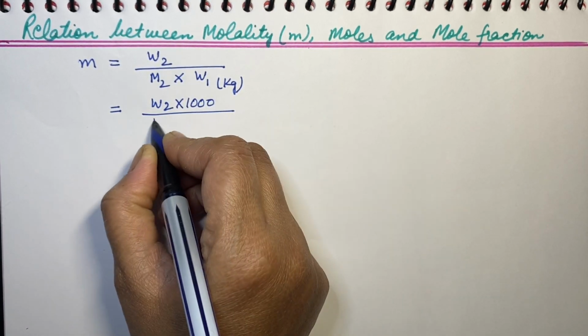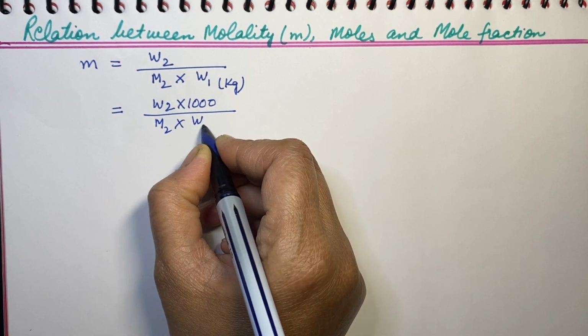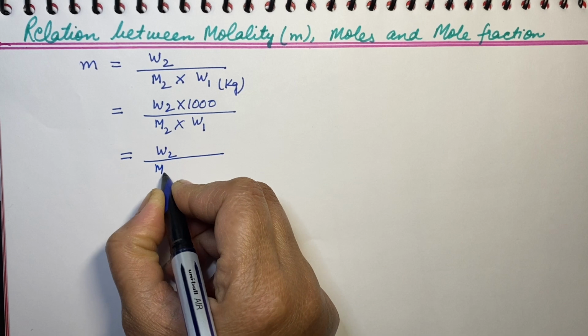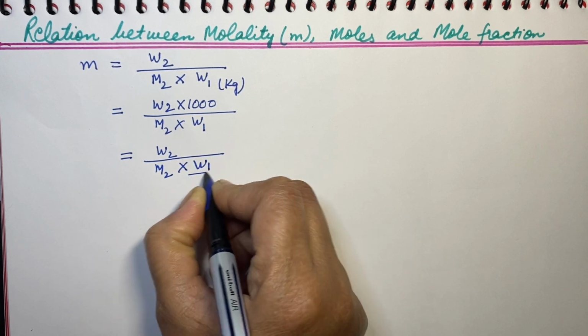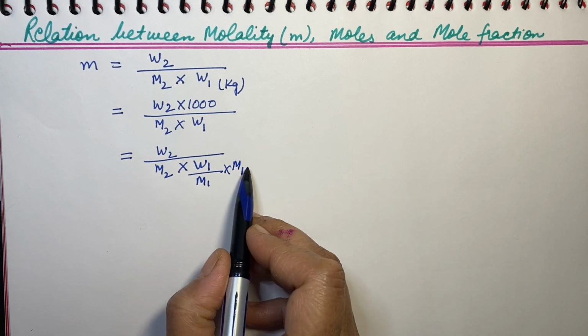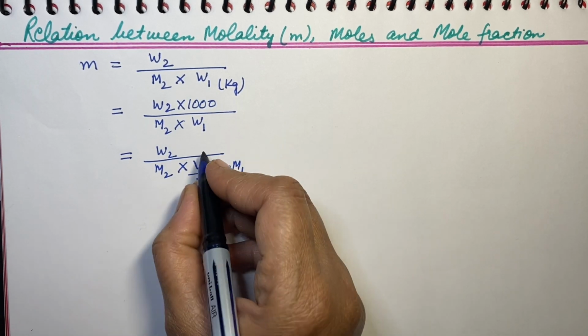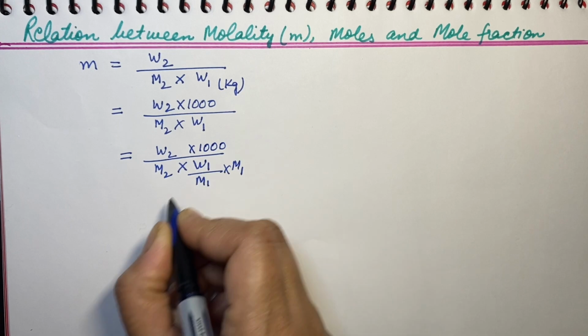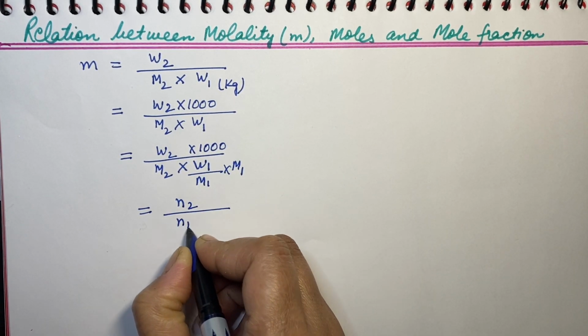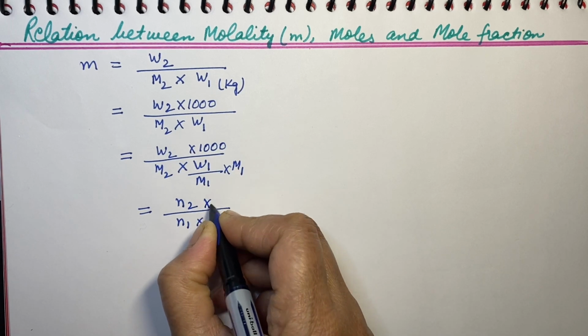Then it becomes M2 into W1. Now, if we multiply by M1 in the denominator as well as the numerator, it becomes N2 over N1 into M1 into 1000.